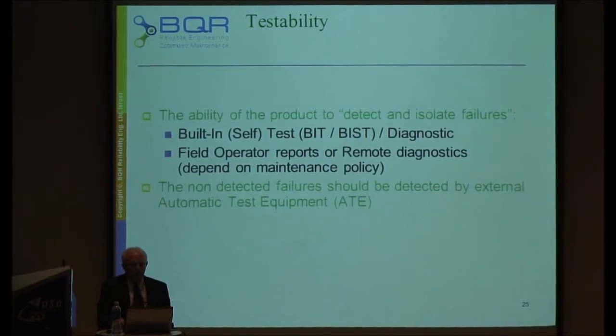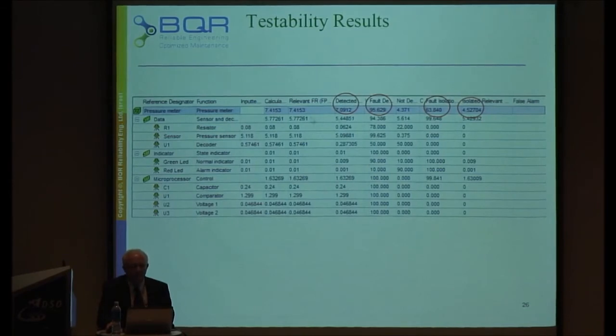to isolate the failures. In this case, you can see that we have 95% fault detection, and fault isolation is only 63%. These percentages are calculated from the product failure rate.